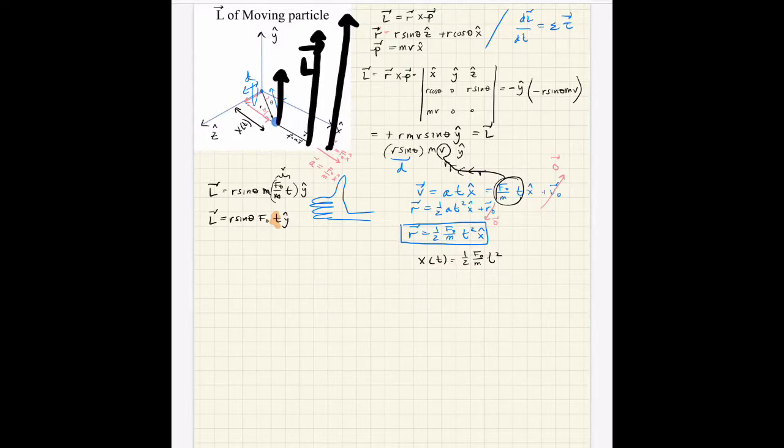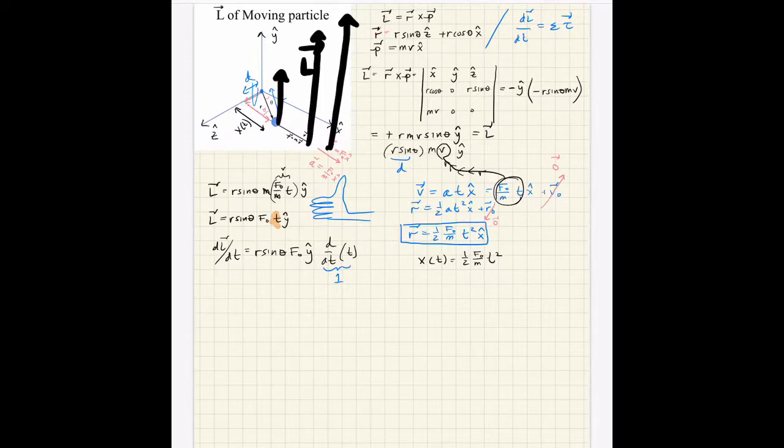The way we're going to do that is to look at the time rate of change of the angular momentum vector. The only thing changing under the derivative is the time, because remember y-hat is constant. And of course, the time to the first power, the first derivative is 1.